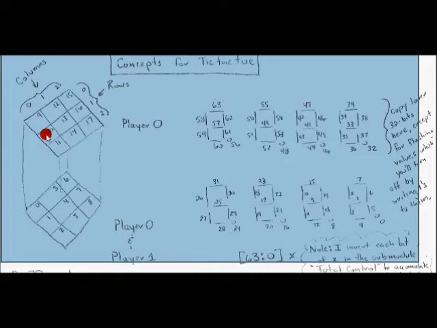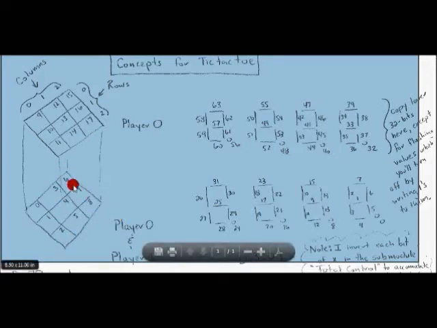Now if it's player 1 that enters it here, we only put a true on spot 1 so we can differentiate between player 0 and player 1. Then we say that a player has to have a combination of 3 in a row horizontally, vertically, or diagonally.